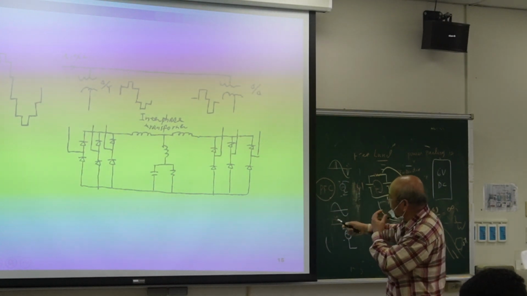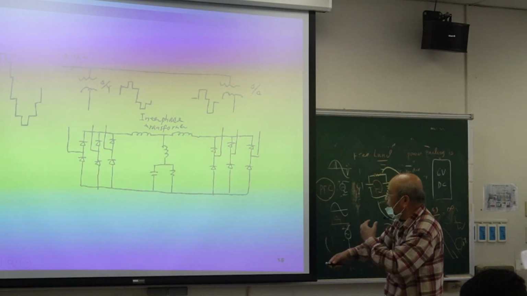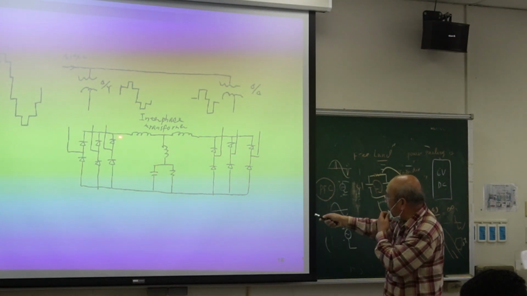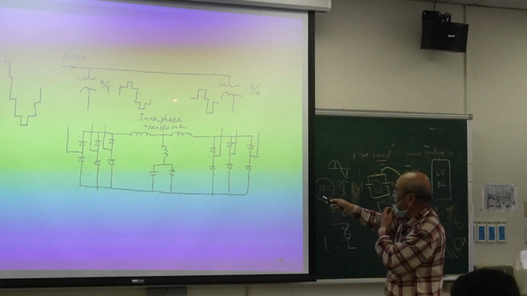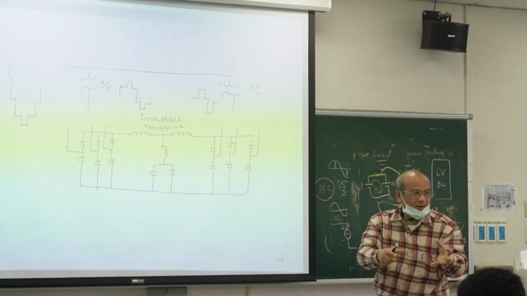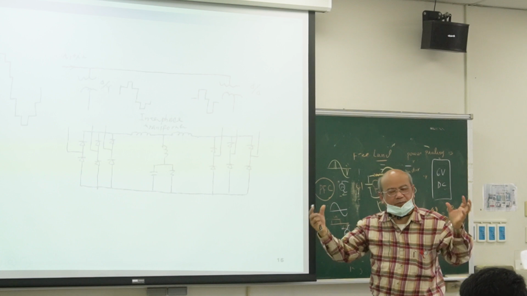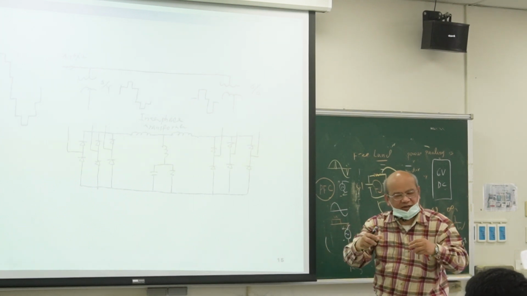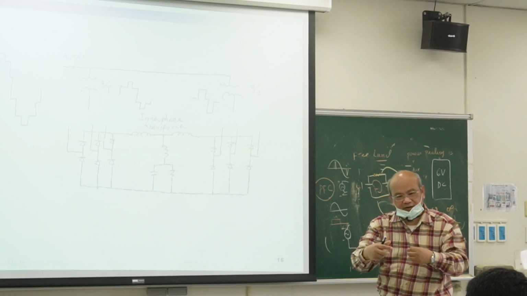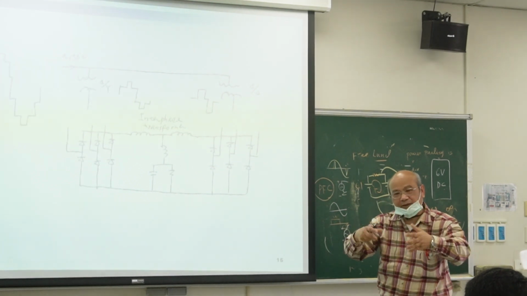Then we put all the money together, and then we supply the power to here and here, become one set. So you have a brother, and you put your brother's money and your money into the bank, and then if you need the money, you just draw from the bank.